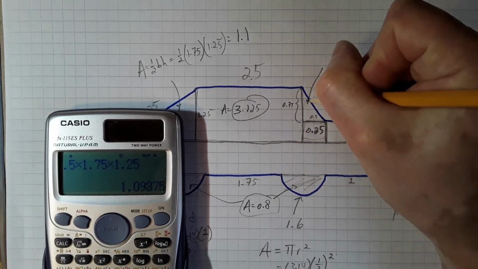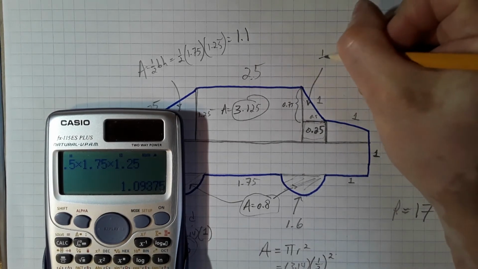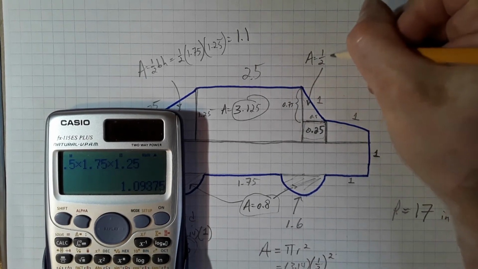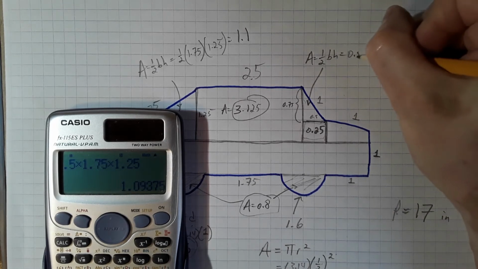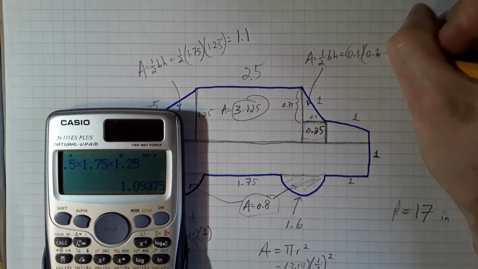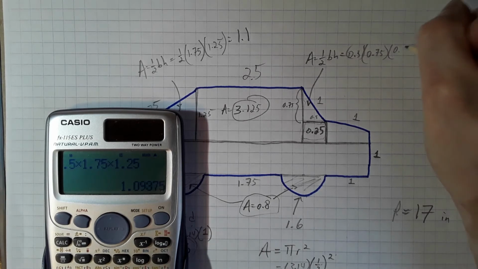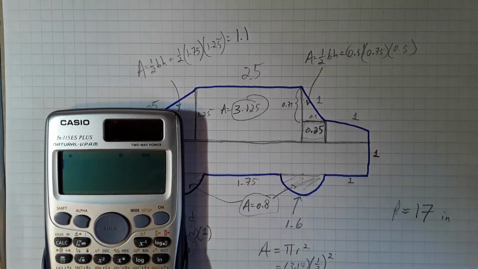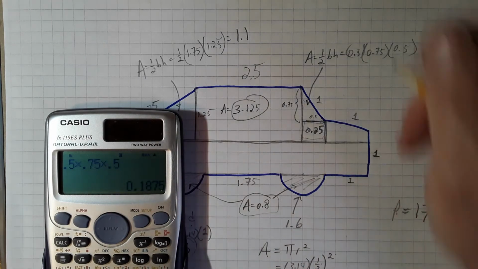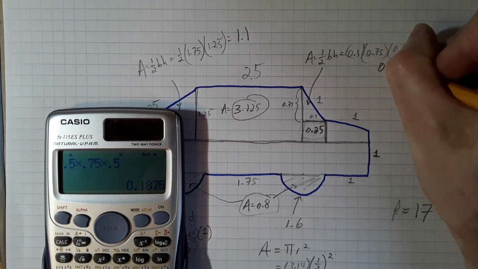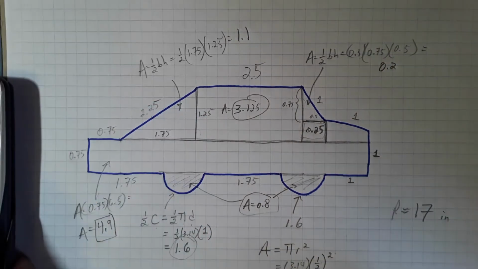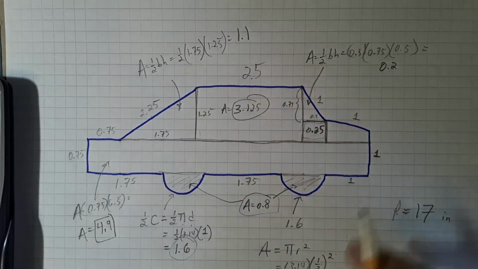So the area in there is 1/2 base times height. 1/2 of 0.75, 0.5 times 0.75 times 0.5, about 0.2, 0.2. This here looks like it'll be pretty similar.